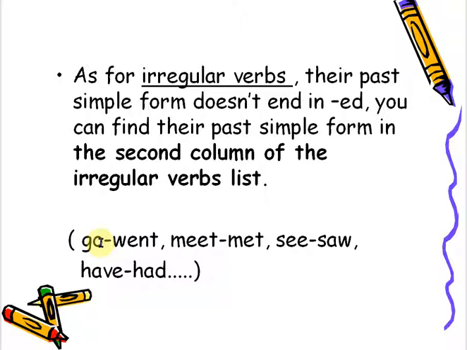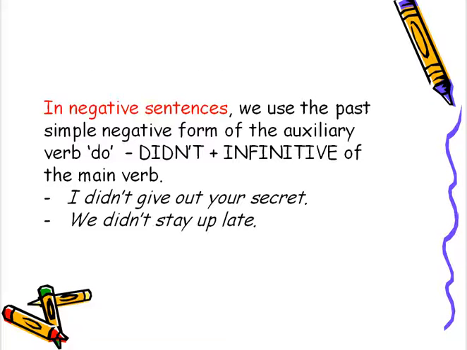And their past simple form for go is went, meet, met, see, saw, have, had, and so on. The list is long. You have to learn it by heart or practice them and try to remember as many as possible because they're always used in everyday speech.